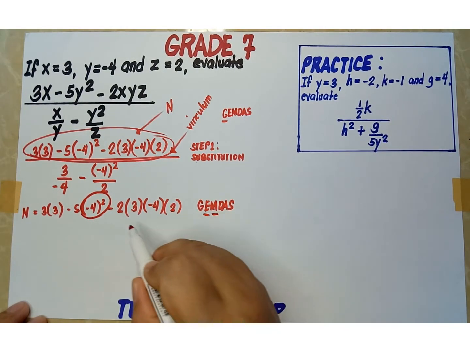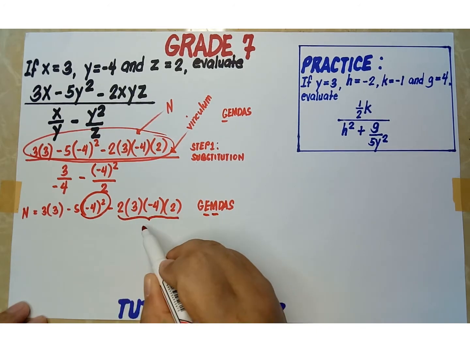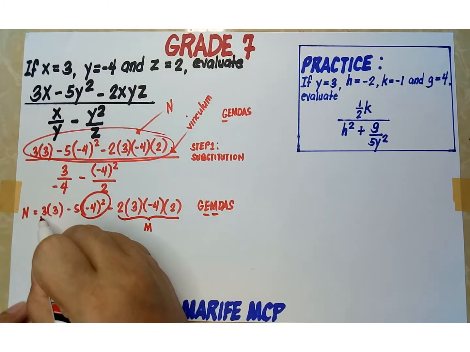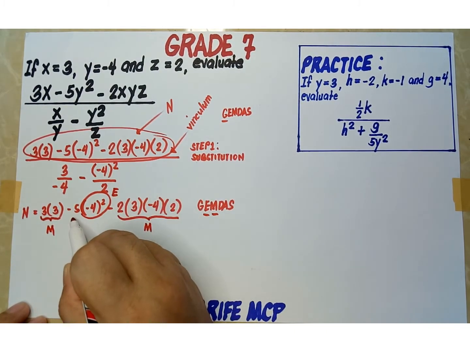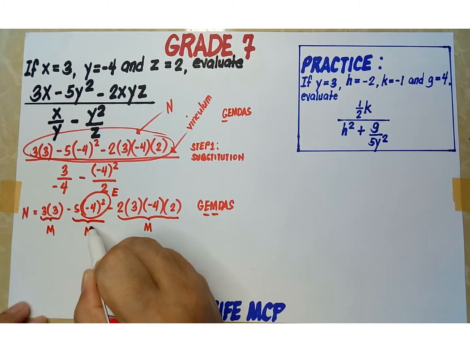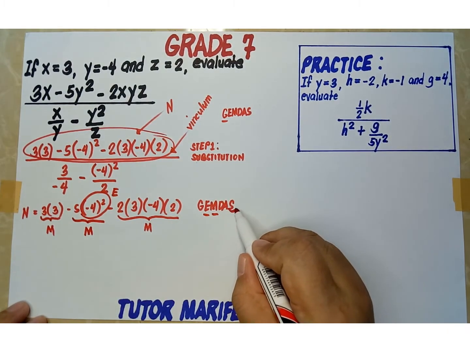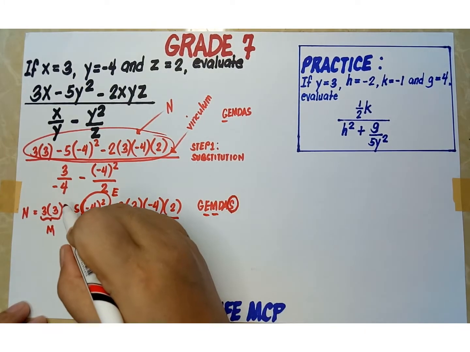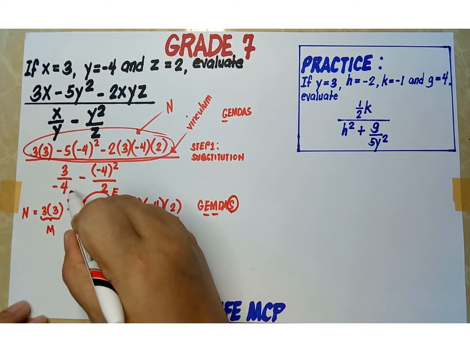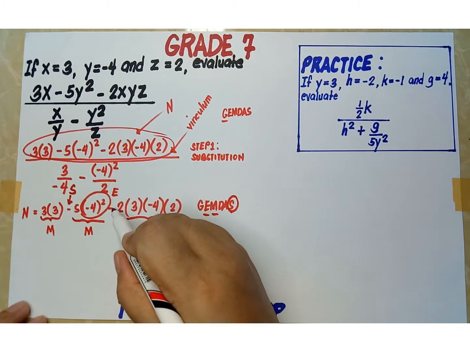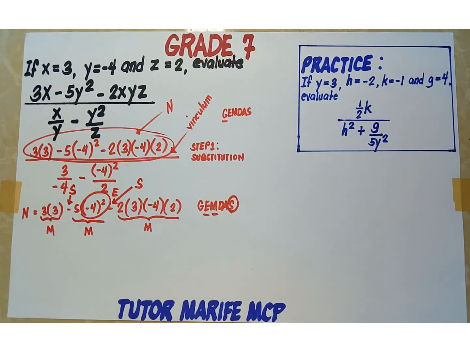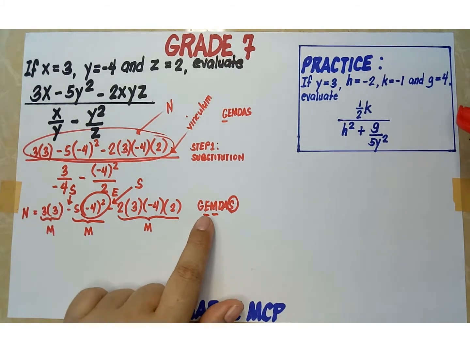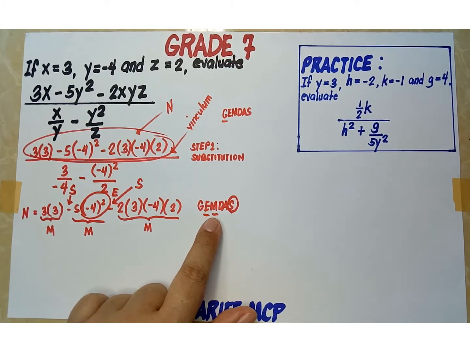Then you multiply. Ito yung multiplication. This is also multiplication. And last operation to be performed is subtraction. Ito yon. Yan yung S. Yan. So, yan ang correct order of operations natin. Exponentiate, multiply, subtract.